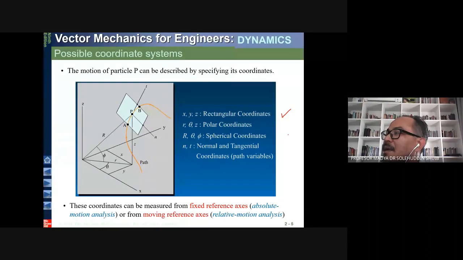Last but not least is normal and tangential. These coordinates we can measure from a fixed reference axis or from a moving reference axis.